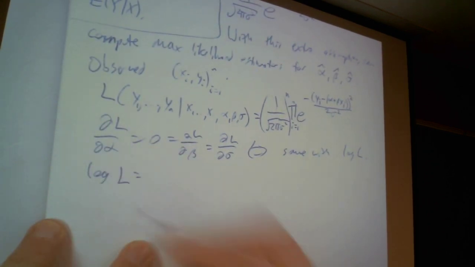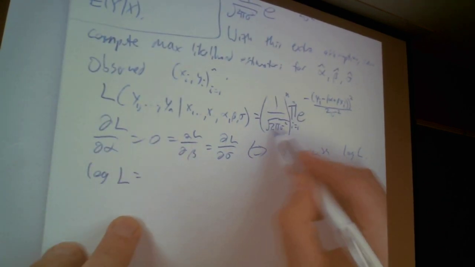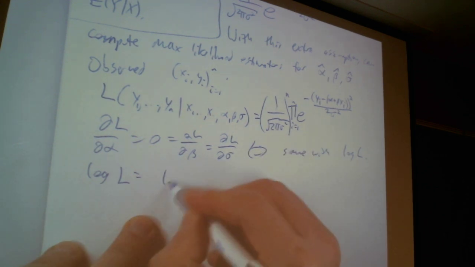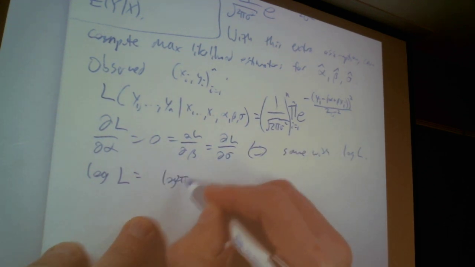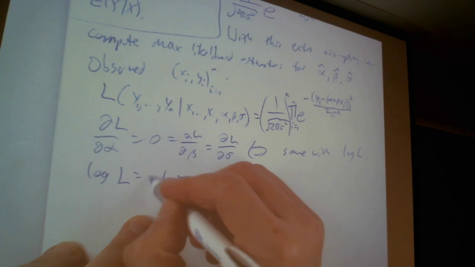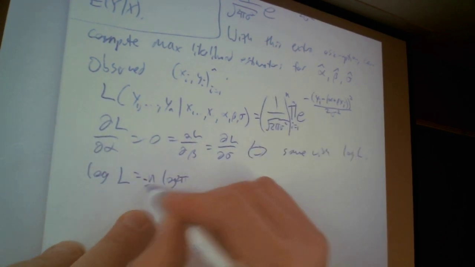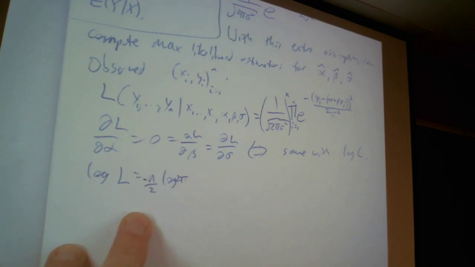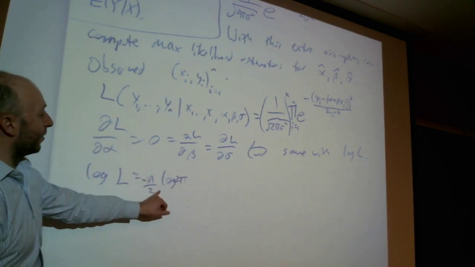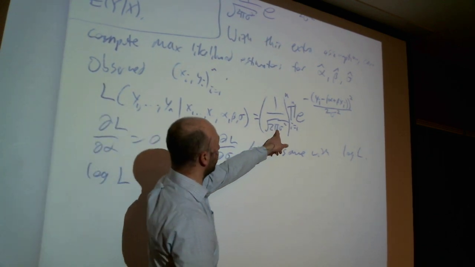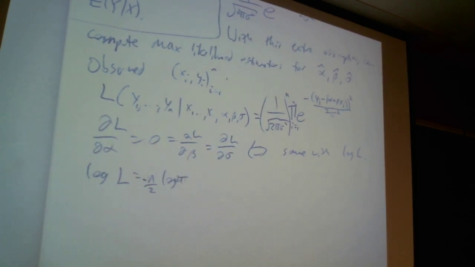Log L. All right. I have this 2 pi, so I'll have a log 2 pi to the nth power. The n comes down, and actually it's in the denominator, so it's a minus n, and it's a square root, so I can take out a factor of a half. So minus n over 2 log of 2 pi takes care of the 2 pi. How about the sigma squared?